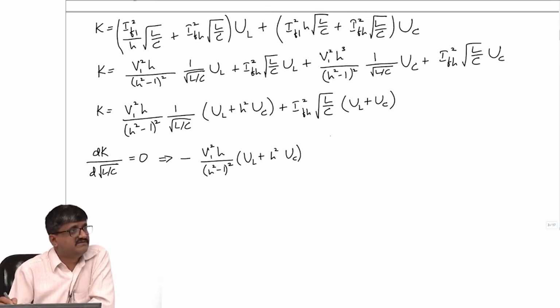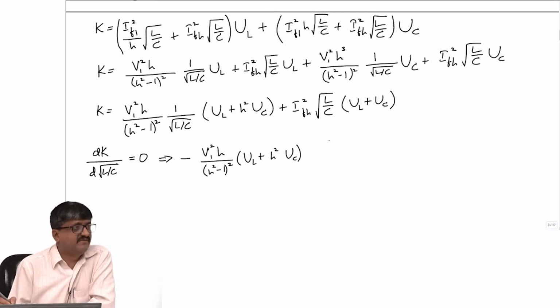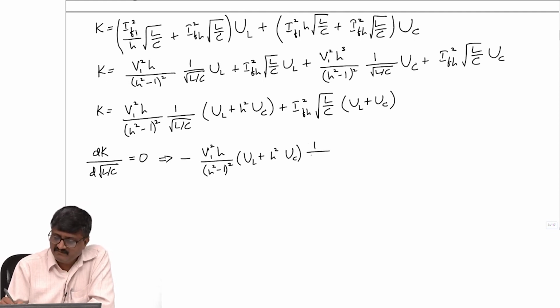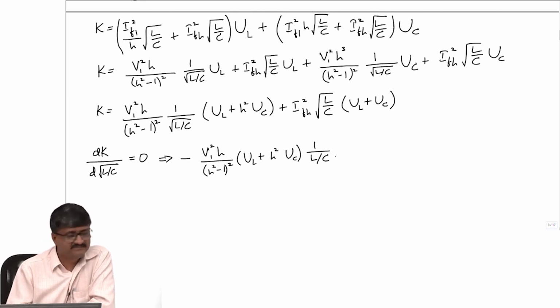The derivative of the first term, C by L, or 1 by L by C.